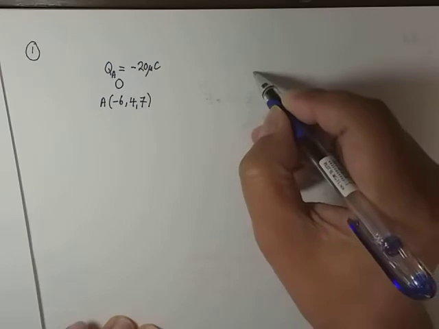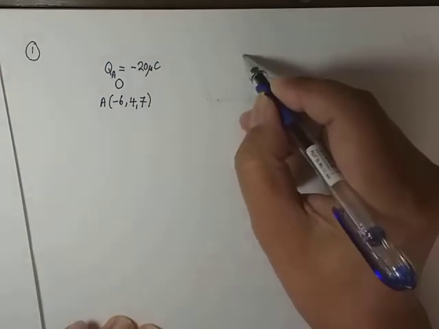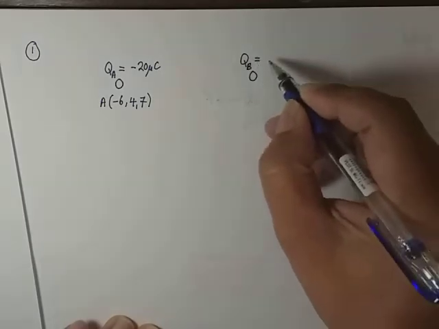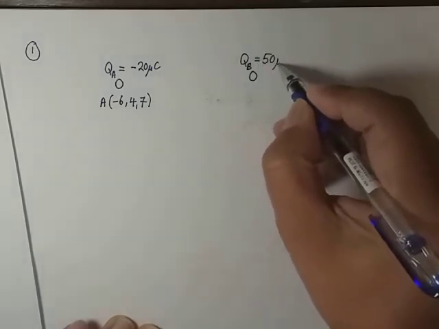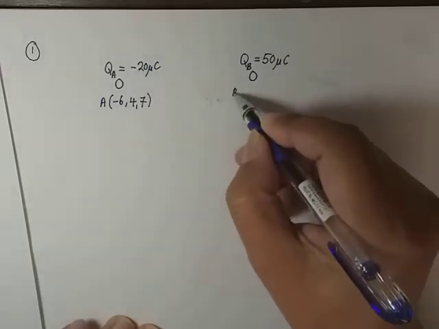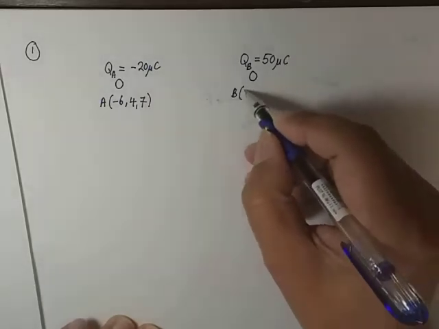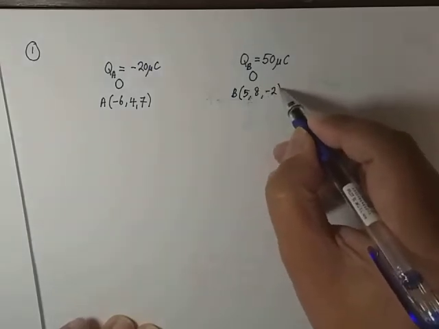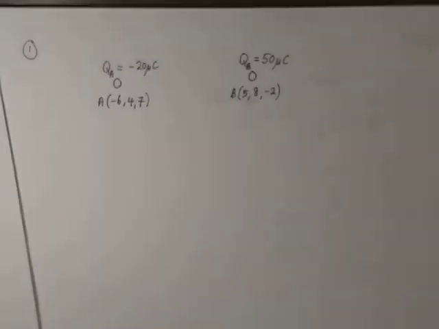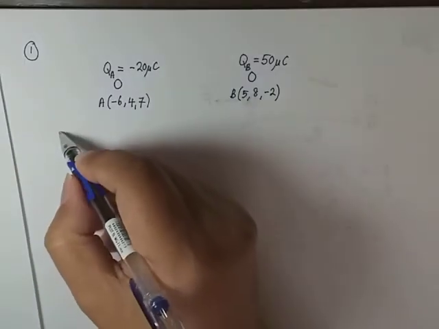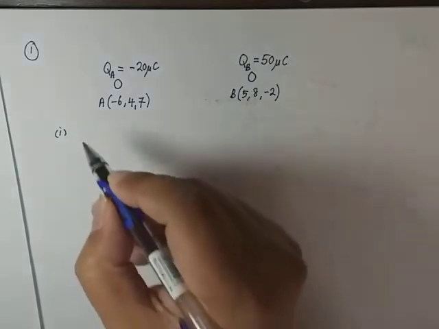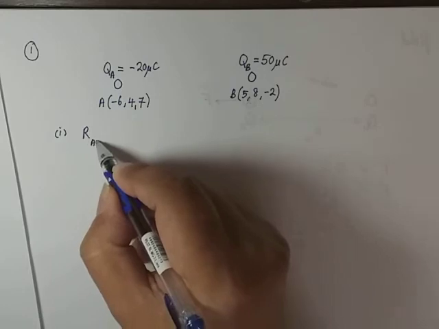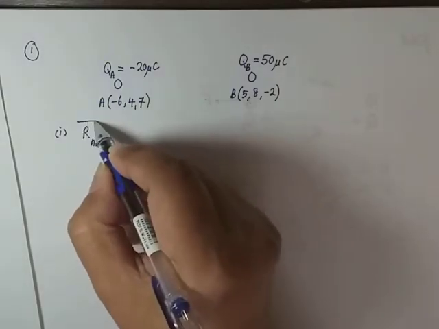And point B is represented by a charge with magnitude value equal to 50 microcoulomb, and the variables involved are 5, 8, and minus 2. So question number 1: find the vector RAB.